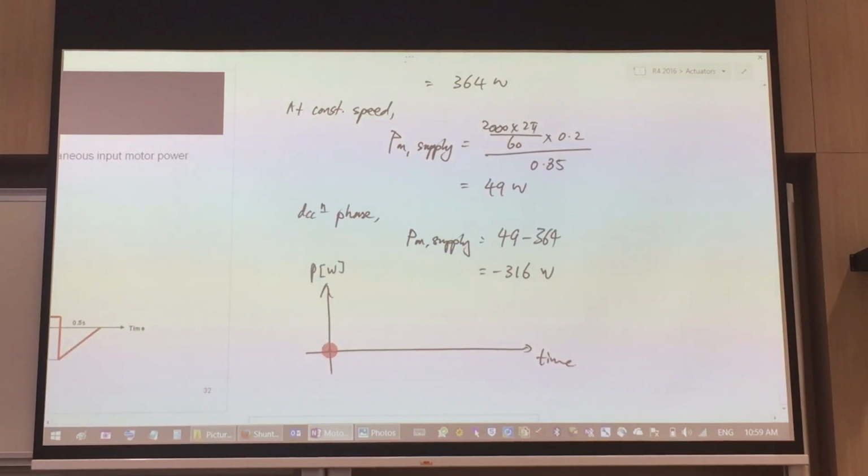So it starts from 0, it goes up all the way to 364 watts, and then you come down as a power consumed to this level at constant speed. This one is at 49. And for that deceleration phase, this one here is at minus 3.6. So again, this is 0.5 seconds, and that is 0.5 seconds.